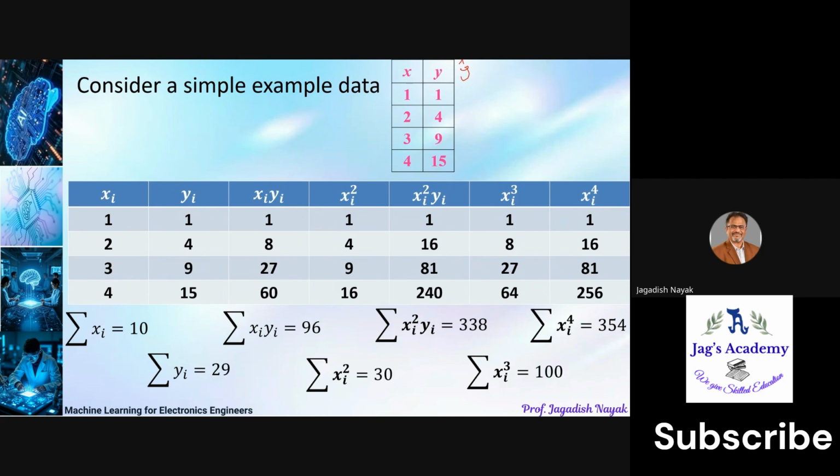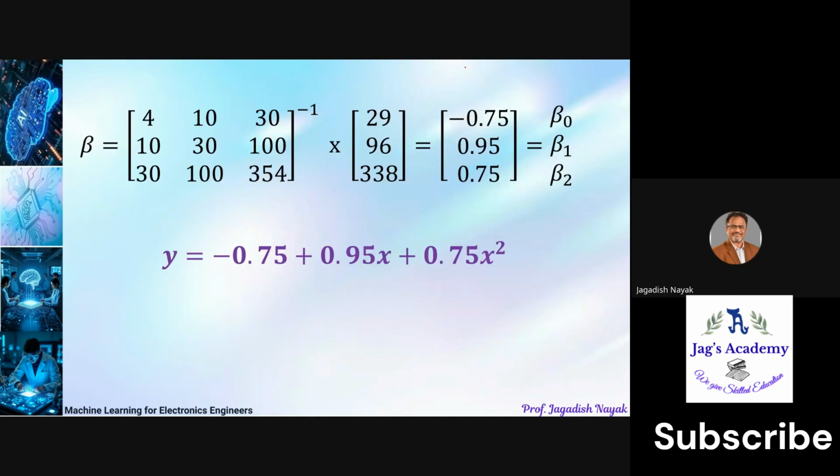Now for the value of x equal to 1, how can you calculate this? y is equal to minus 0.75 plus 0.95 plus 0.75. You can calculate it using a simple calculator.